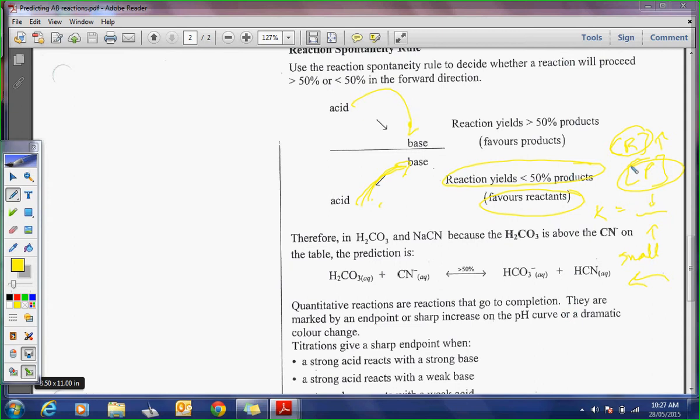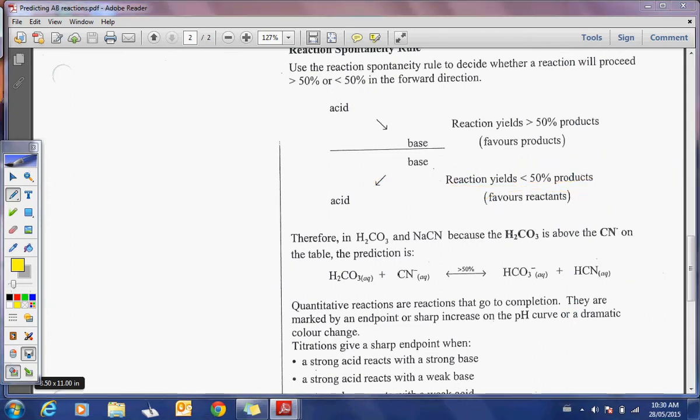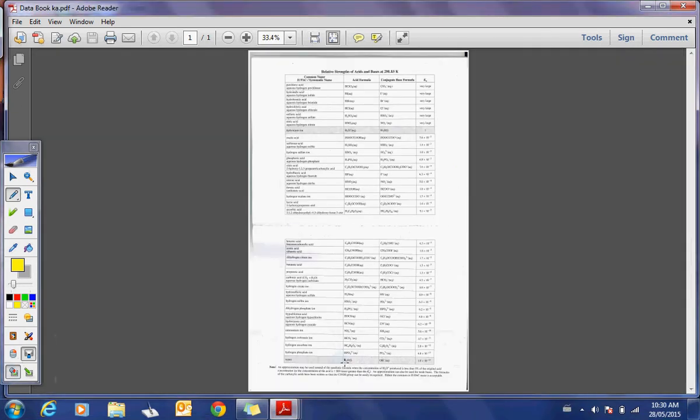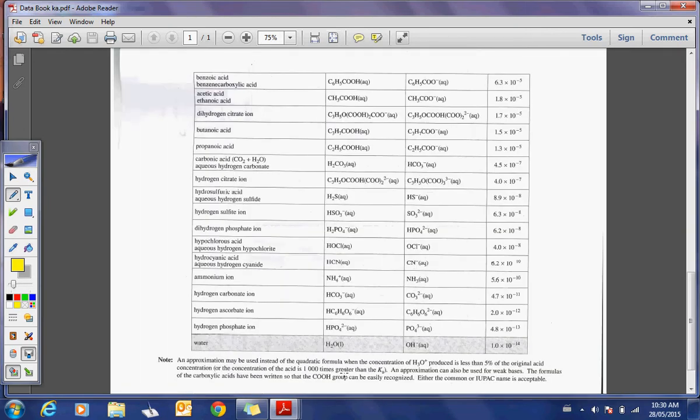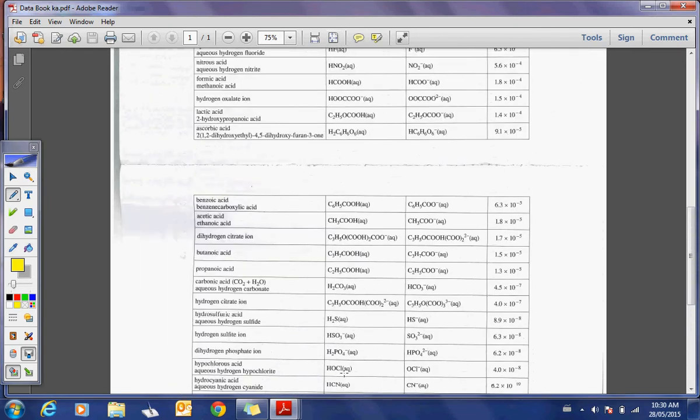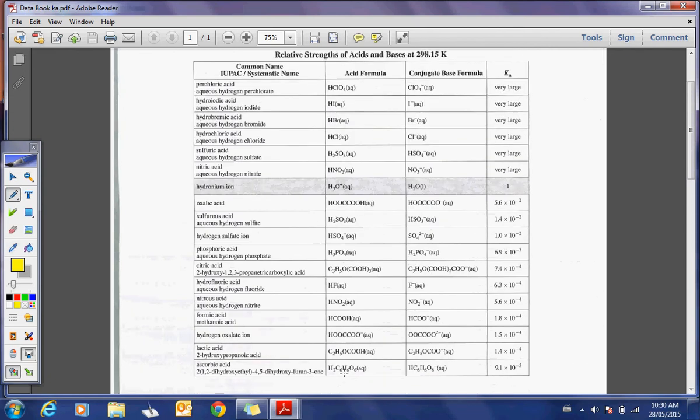Okay, so predict the direction of the following reactions and state whether the reactants or products are favored and give reasons to support your decision. So I'm going to have to zoom it up so I can at least read it. However, then it's chopped in half. And I need to find them on the data booklet table.